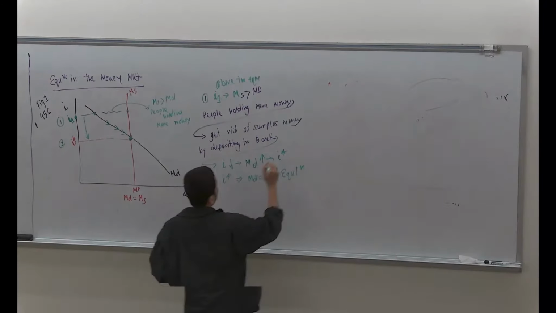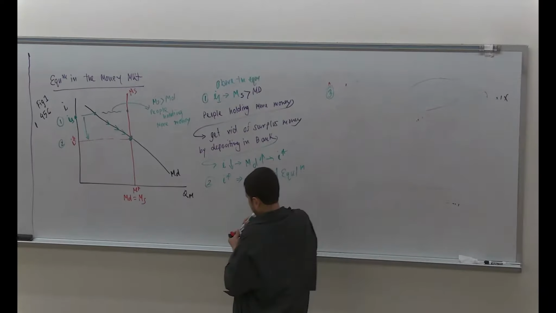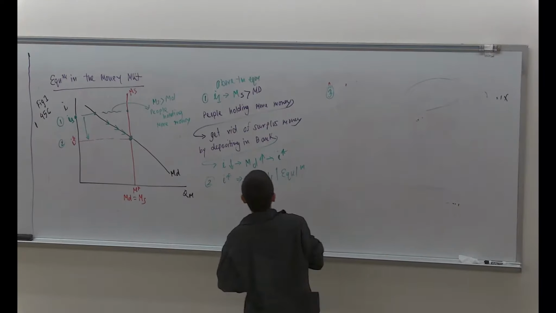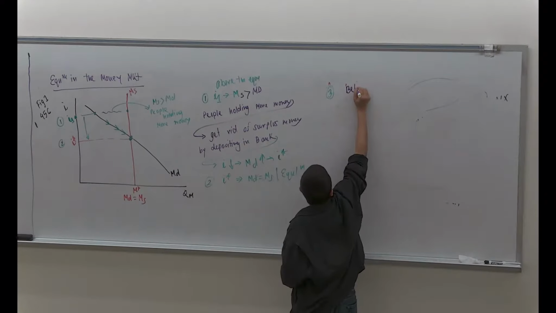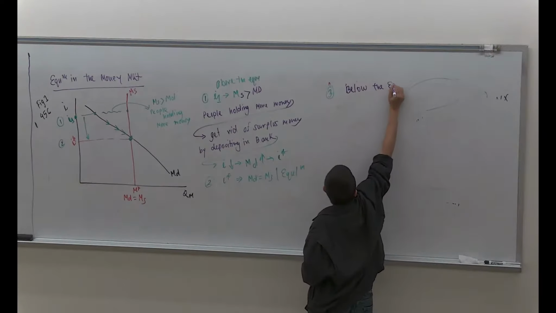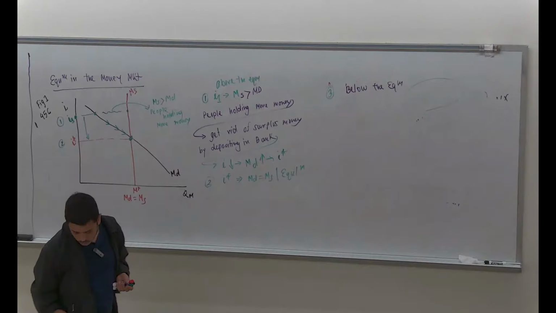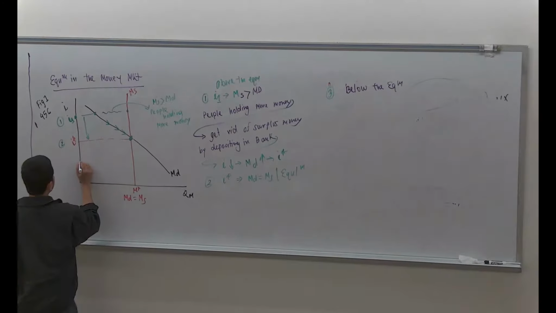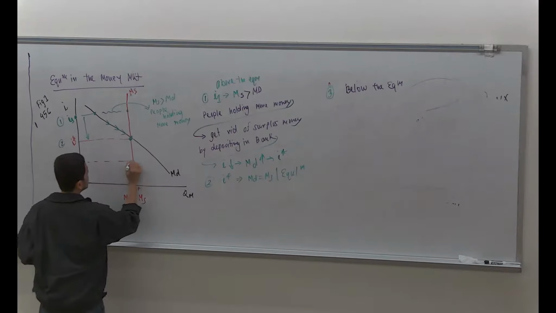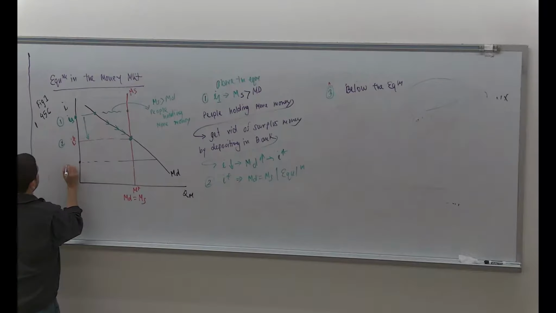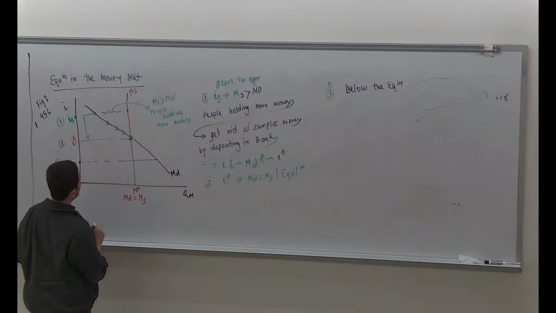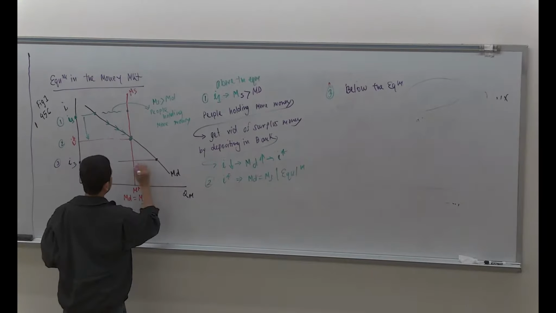And now we'll talk about another point, below the equilibrium. Let's say I pick this point, and this is I3. Below the equilibrium, we see something interesting.